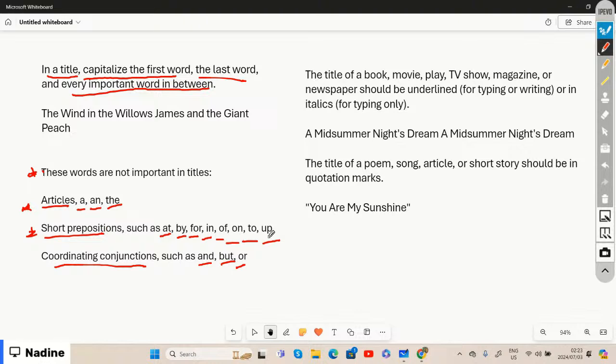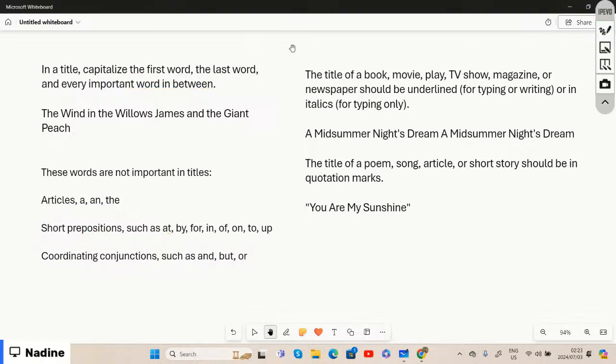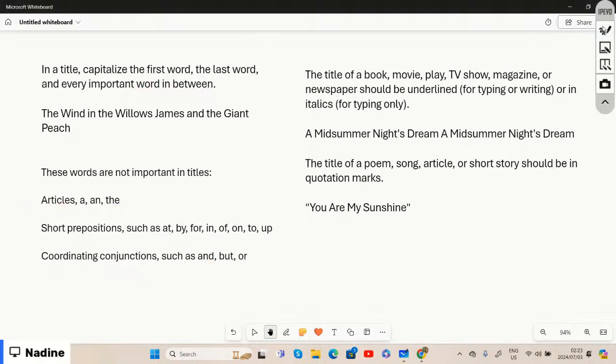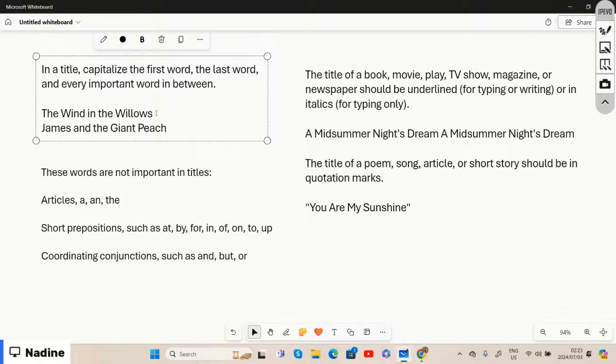And if we were to look at one of the titles, one of the titles is The Wind in the Willows.